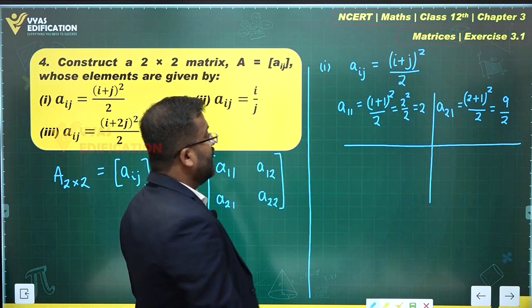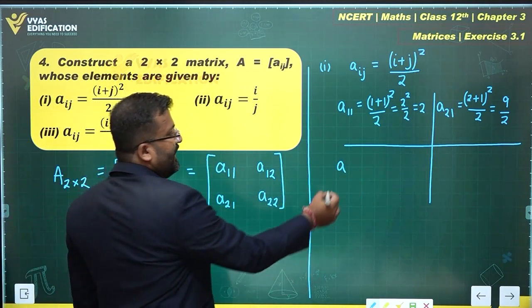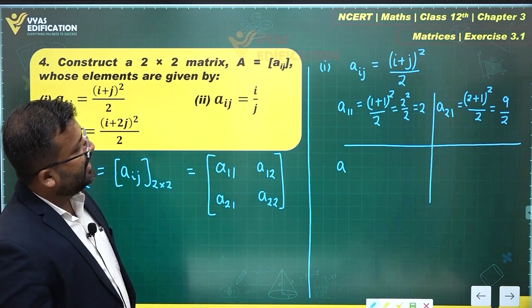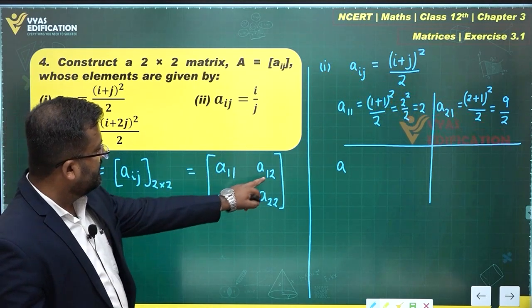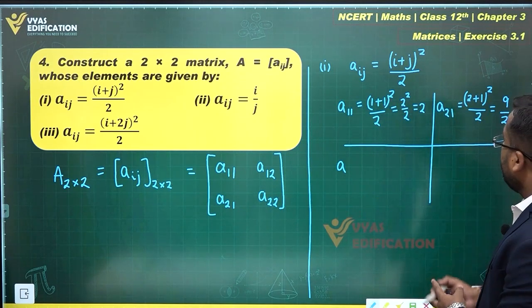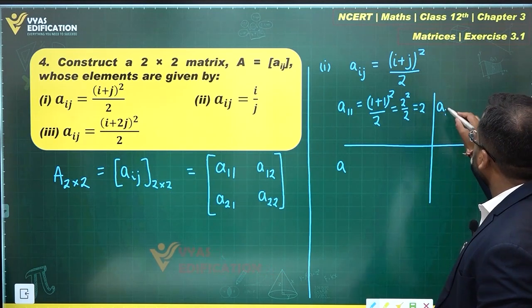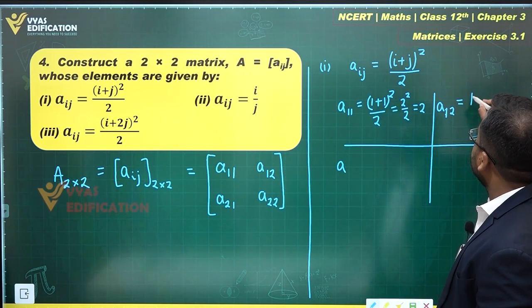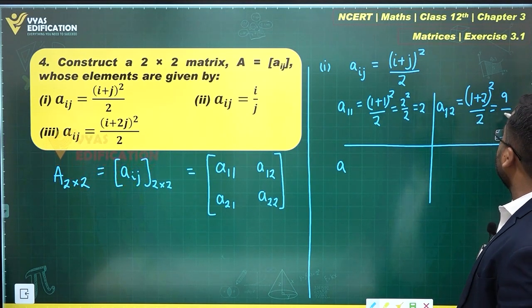Sorry, we were supposed to find A12 there. Never mind. This is A12. I'll solve A12 here, which is (1 plus 2) whole square by 2, which is again 9 by 2.